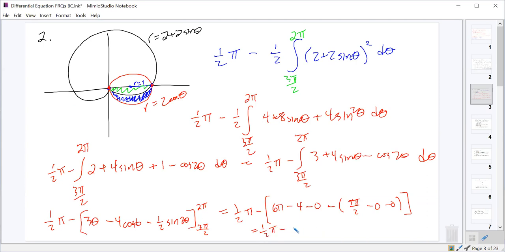So 1/2 of pi minus 6 pi plus 4 minus negative 9 pi over 2 ought to be plus 9 pi over 2, which is going to give us 10 pi over 2, which is 5 pi, minus 6 pi is negative pi, plus a 4 is 4 minus pi. Good or no?